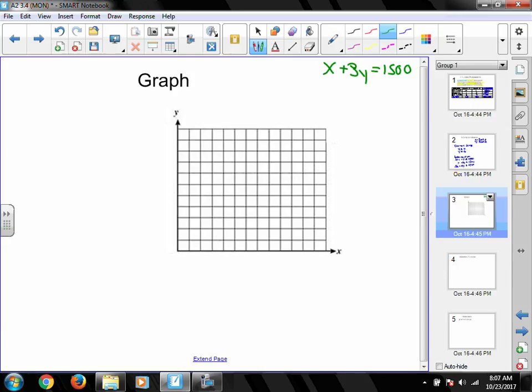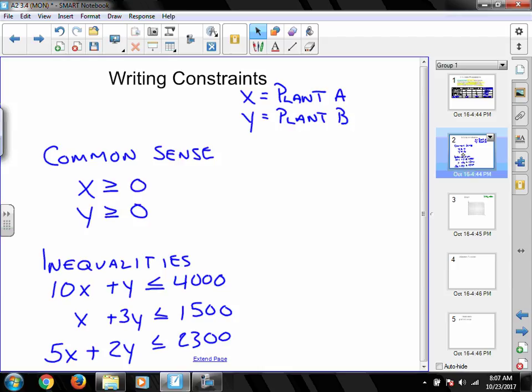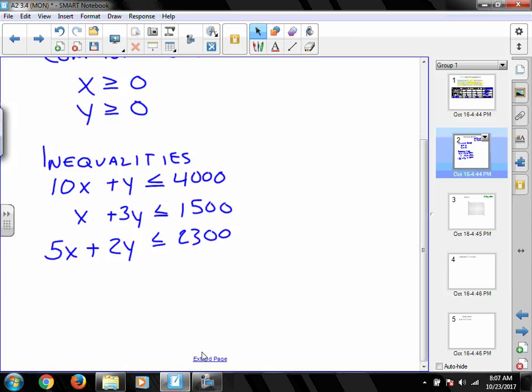Again, the easiest way to do this is going to be finding our x and our y intercepts. Actually, I'm going to come back on this slide here, and I'll find those there just so we can reference those back a little bit.